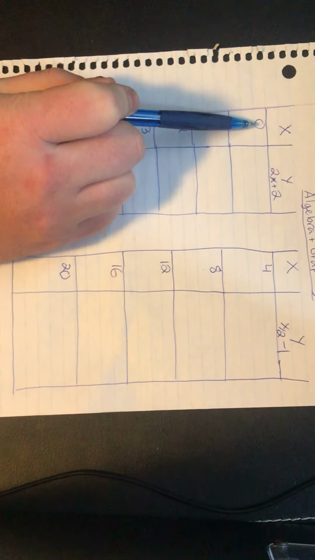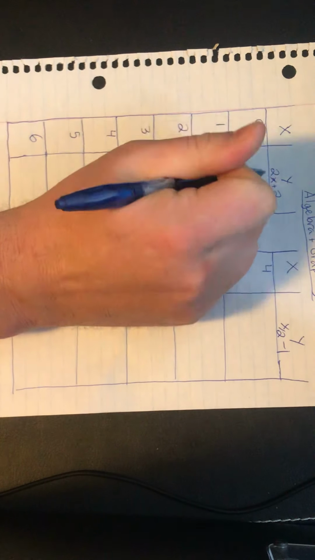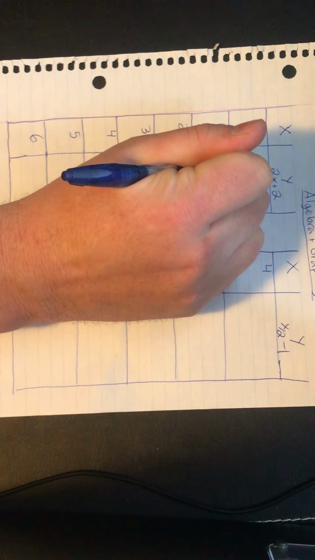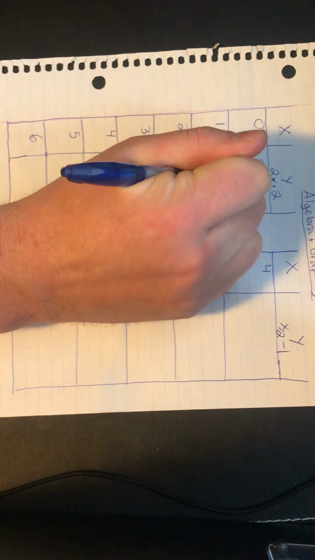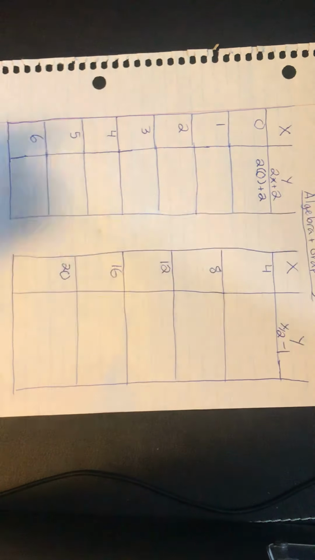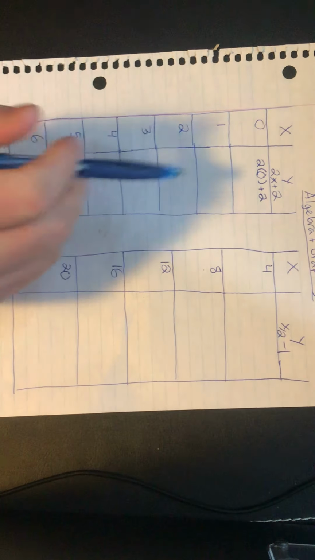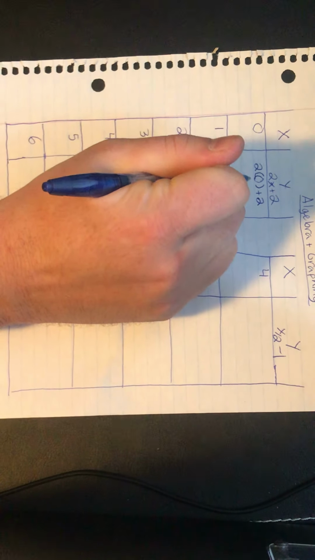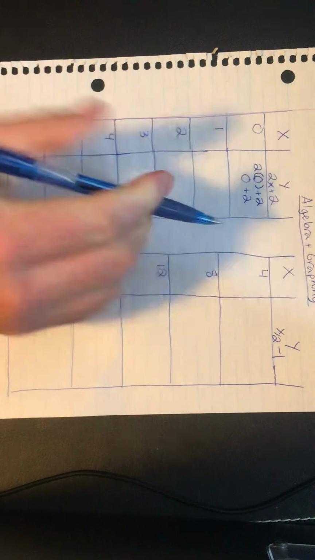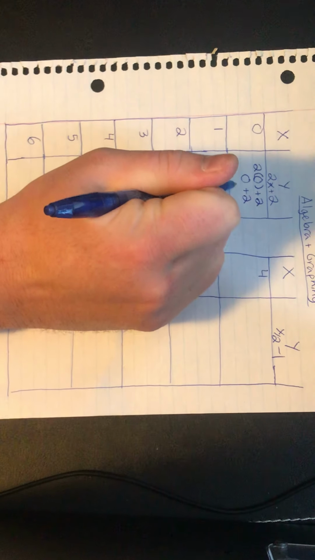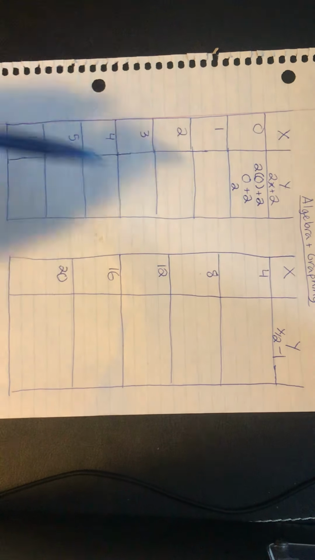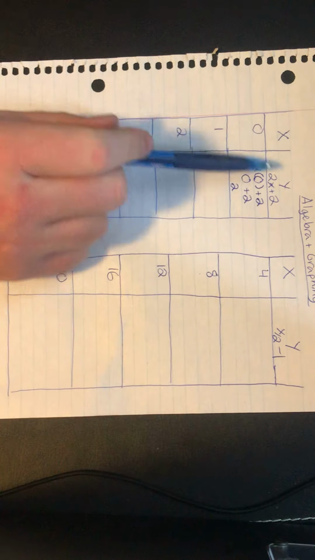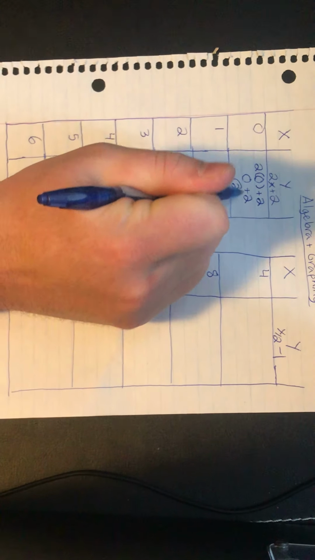So whatever my x value is here, I'm going to change it over here. So it's going to go 2, 0 in brackets like we've been doing, plus 2. And remember BEDMAS, so we're going to have to multiply before we add. So 2 times 0 is 0, plus 2. 0 plus 2 is 2. So for this one, where my x is 0, my y is 2.